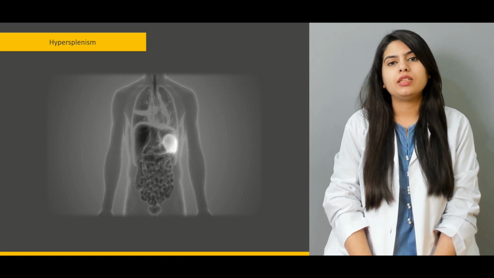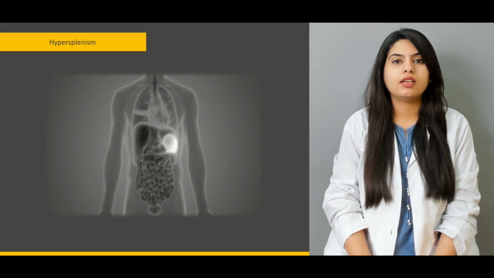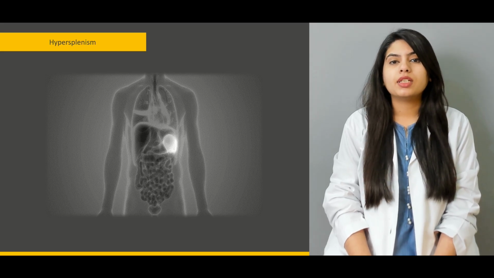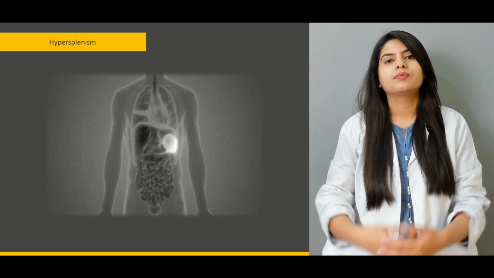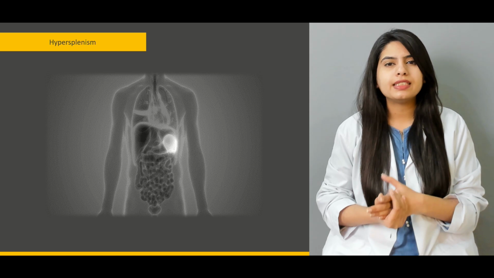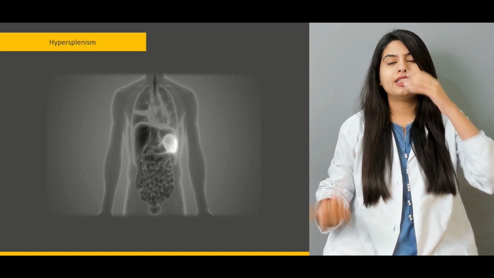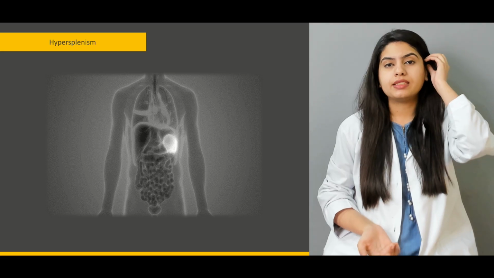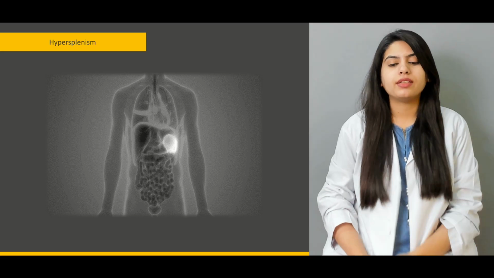There are also some other types of anemia. If we talk about the non-immune mediated anemias, they may be due to any other disease, any other defect, or some drugs as well that lead to damage of the red blood cells and may cause hemolysis.